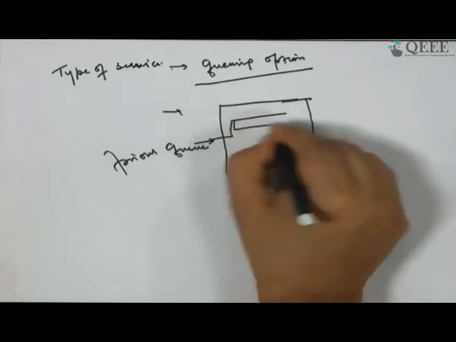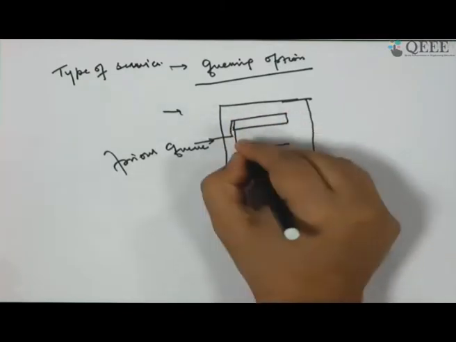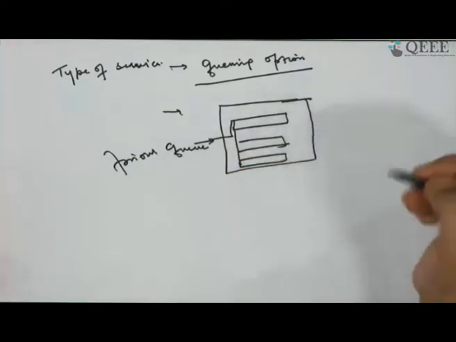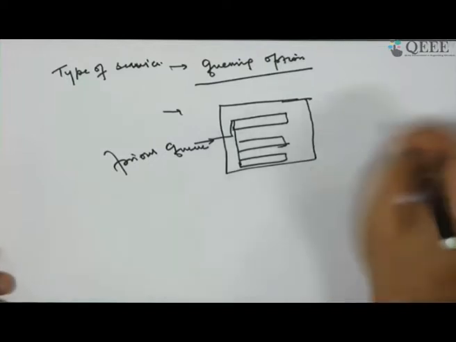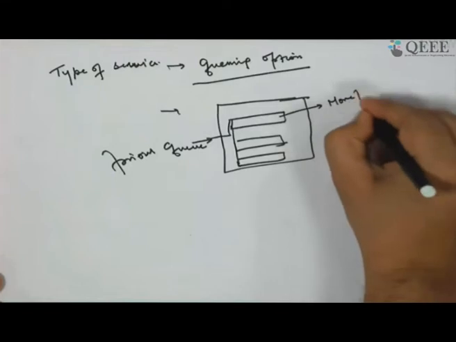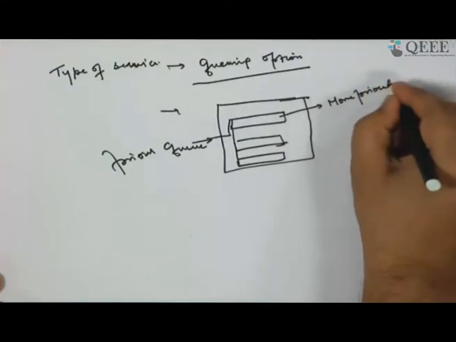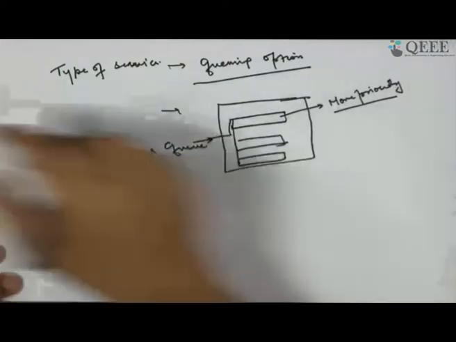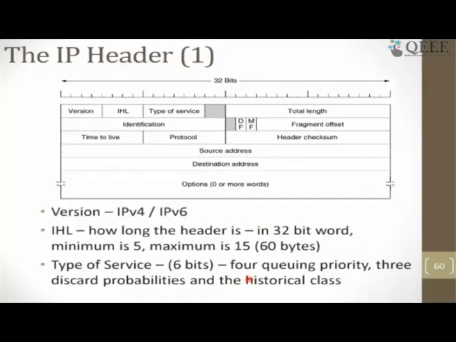You know that there can be 2-3 queues running parallelly, but some have more priority than others. Now you can actually define the priority through this field, whether you need a high priority service or a low priority service, etc.